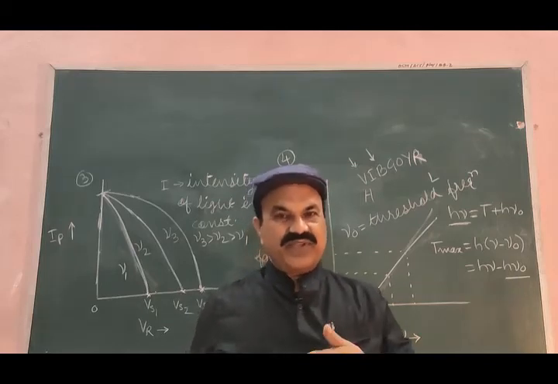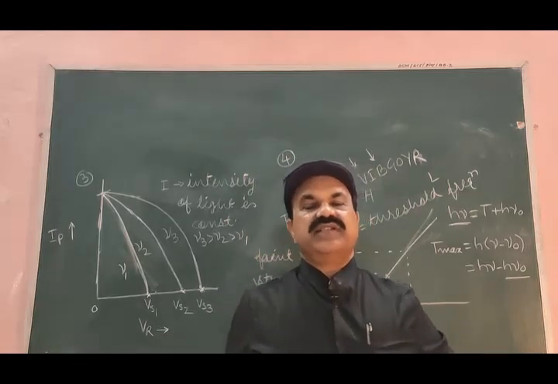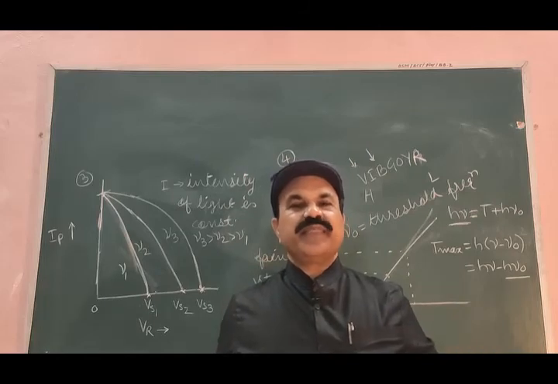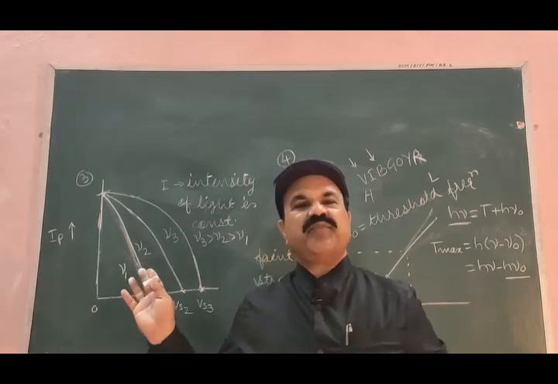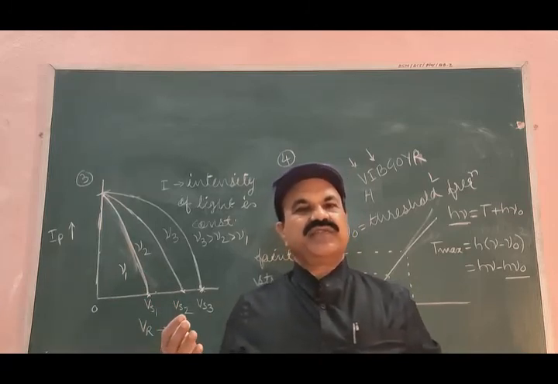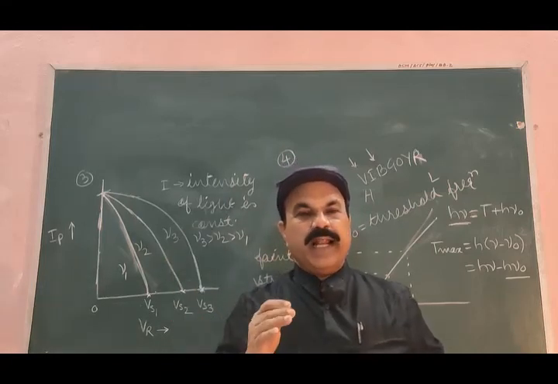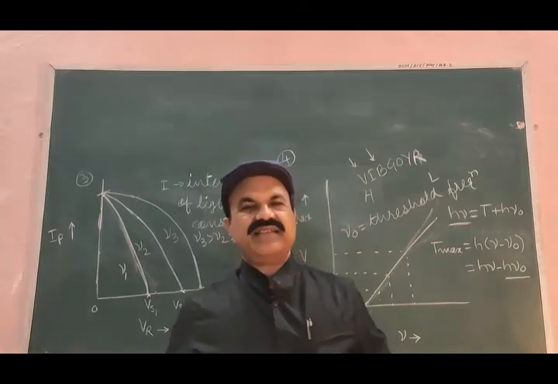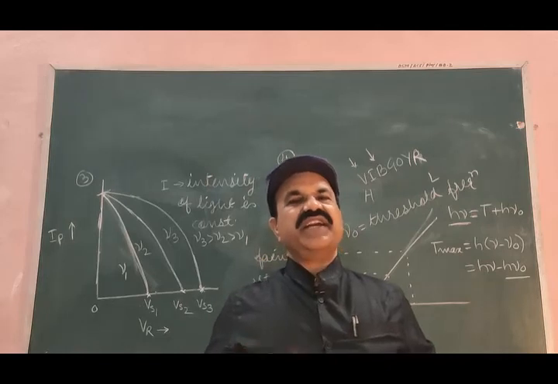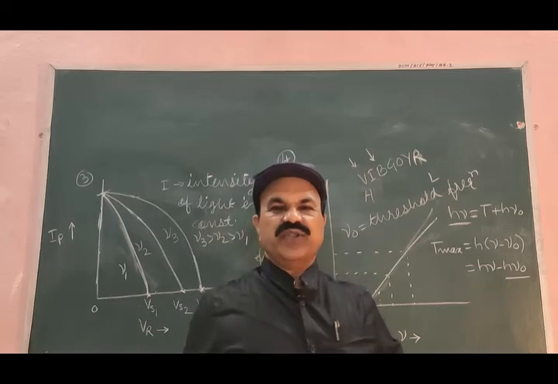When the discoverers of this effect studied the energy spectrum of the photoelectrons, they got puzzled because they found that the average kinetic energy of photoelectrons is not directly proportional to intensity. The number of photoelectrons emitted is directly proportional to the intensity of light, but the average kinetic energy of the photoelectrons is independent of the intensity of light falling on the photocell.